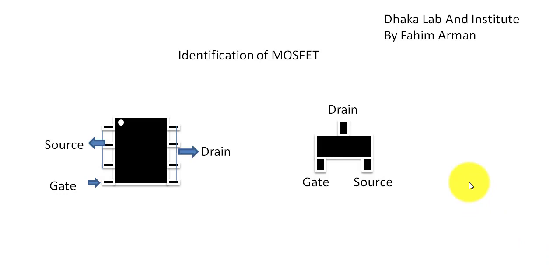Today I will show you how to know which one is a MOSFET. To know a MOSFET, you will see a spot here, and on the right side of that spot there will be 4 pins, and those 4 pins are drain, and on the left side of that spot there will be 3 pins.